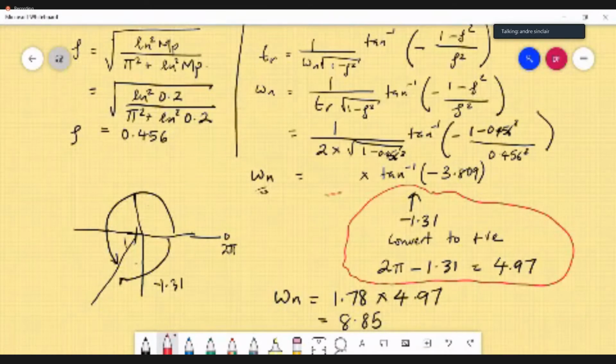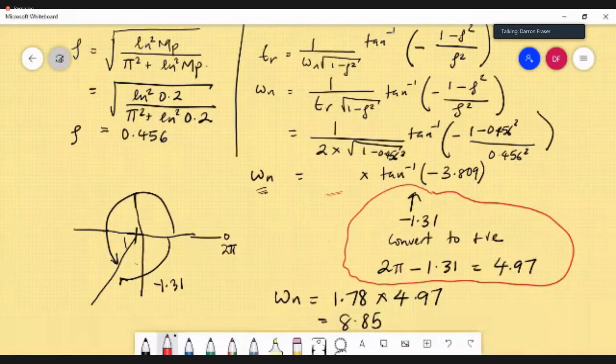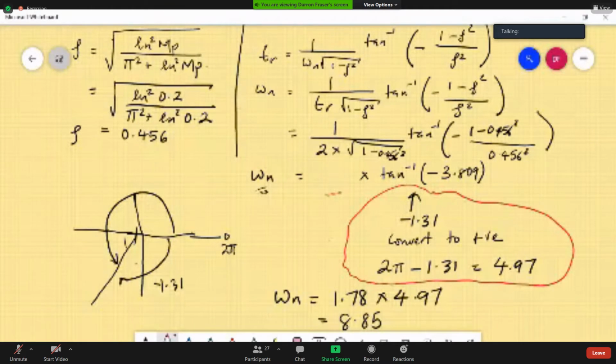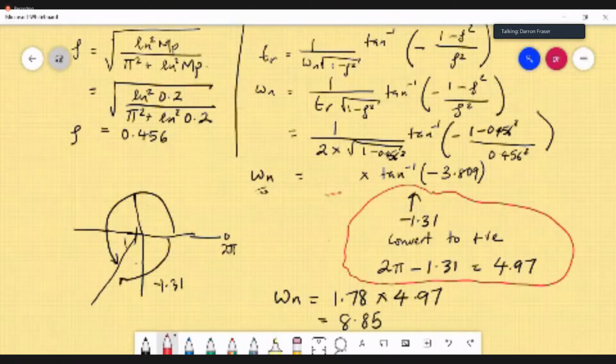I was working out 1.78. I'm getting the wrong answer a couple of times. Why did I get 0.56 wrong? Sir, I got 0.562. All right, so that is correct. Yes, sir, correct.